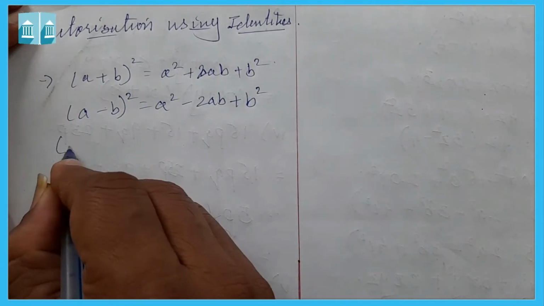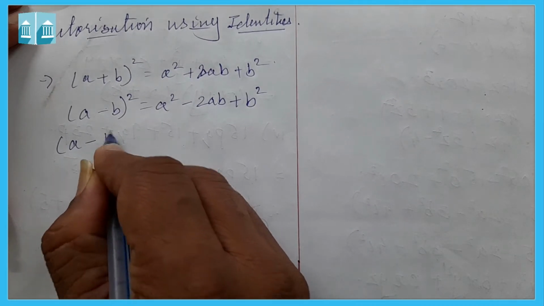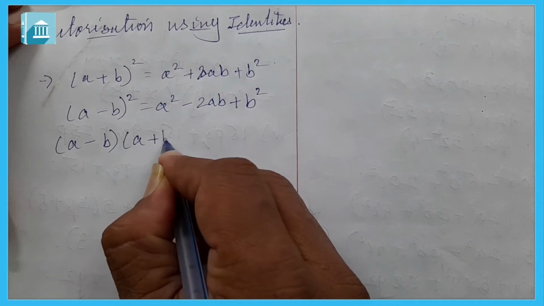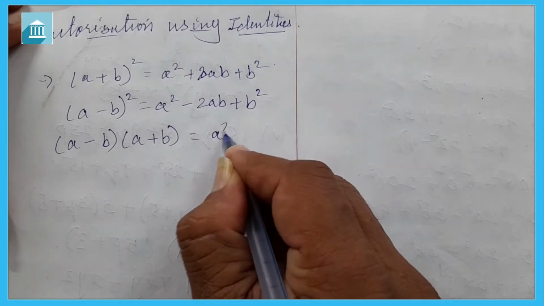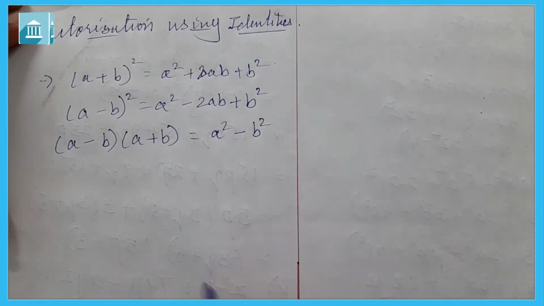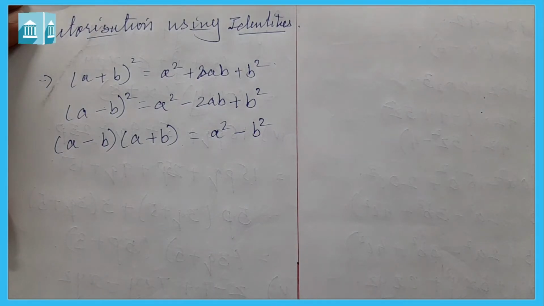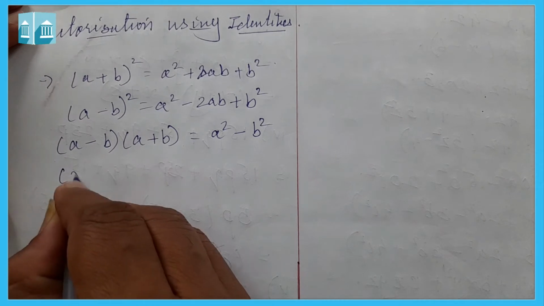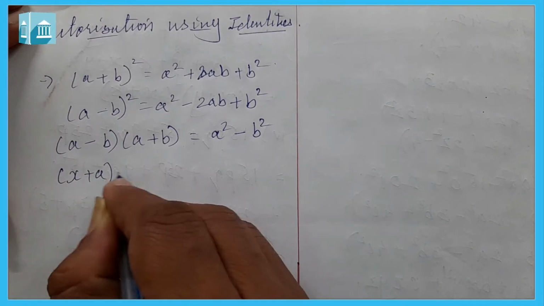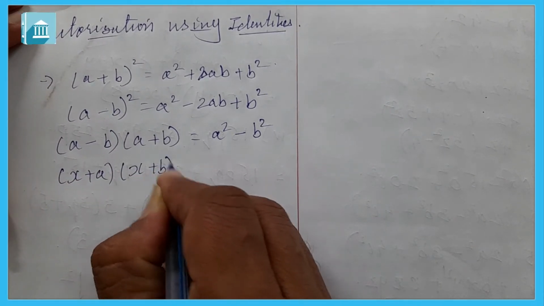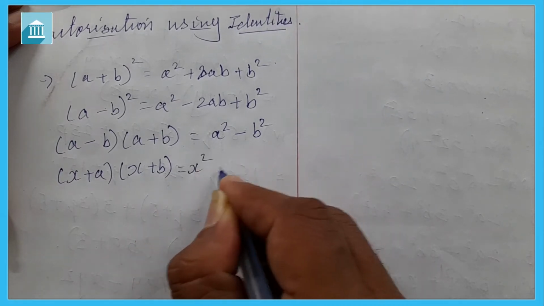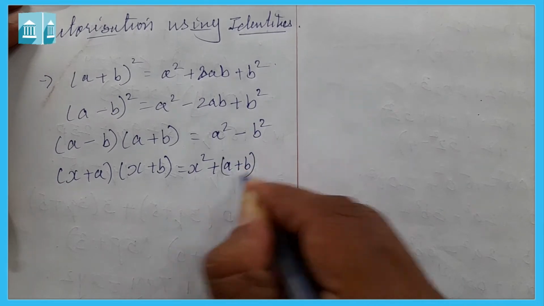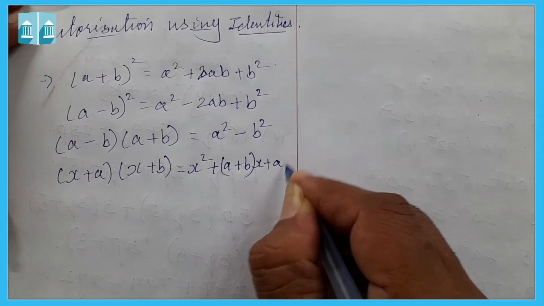The third one is (a minus b) into (a plus b) is equal to a square minus b square. And the fourth one which we had done is (x plus a) into (x plus b) is equal to x square plus (a plus b) x plus ab.